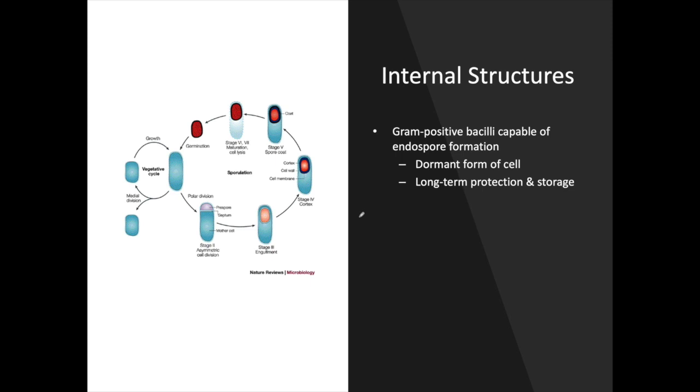Another internal structure that is unique to bacteria that we have to mention, this is only produced in two genera of bacteria, but they are called endospores. And endospores cause lots of problems. Some diseases are caused by endospore forming bacteria, by the way: the Clostridia and the bacilli.